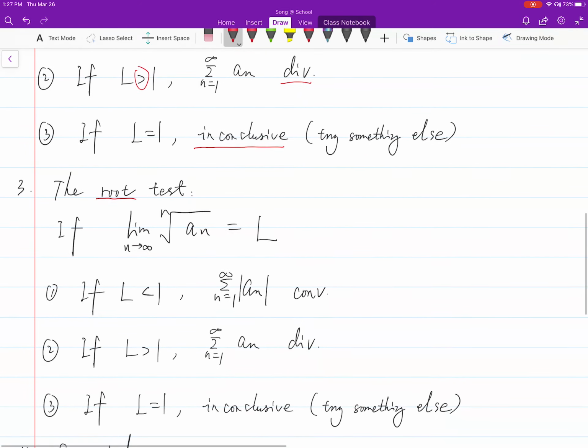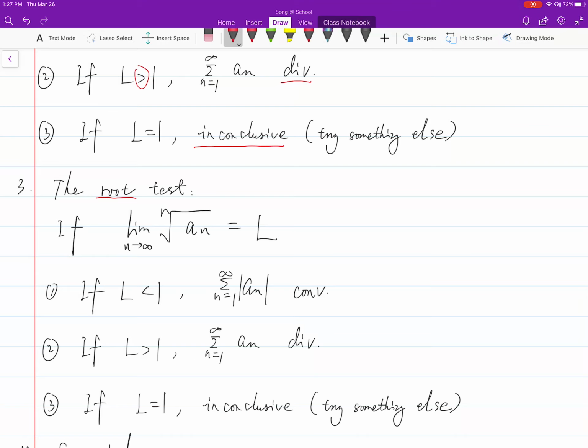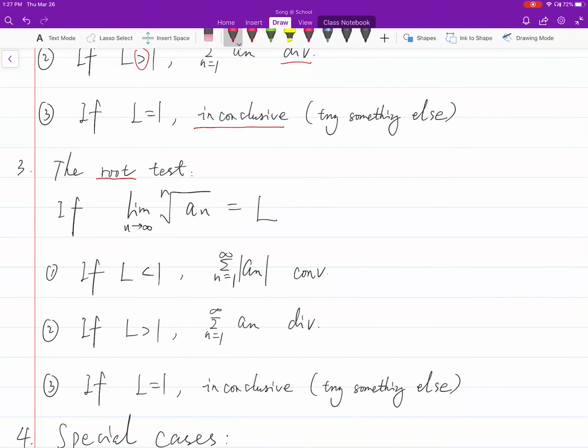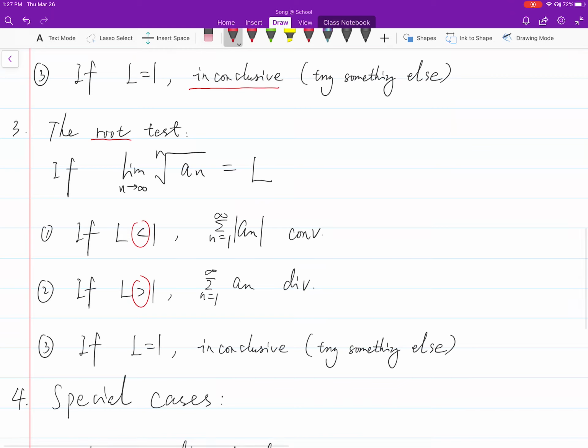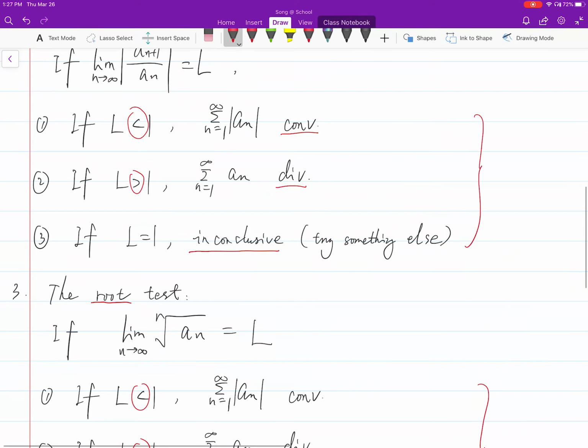For the root test, we check a different thing. The limit as n goes to infinity of the nth root of a_n. And then again, we are going to have a number. If that number is less than 1, absolutely convergent. If the number is bigger than 1, divergent. If the number is 1, inconclusive. So you can see the conclusion part for both tests is exactly the same.